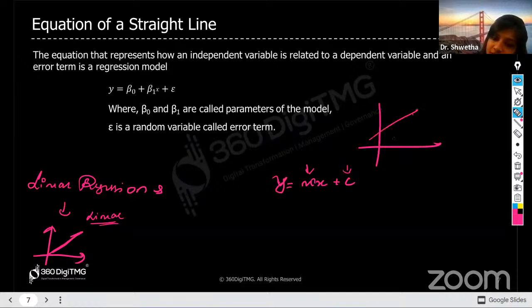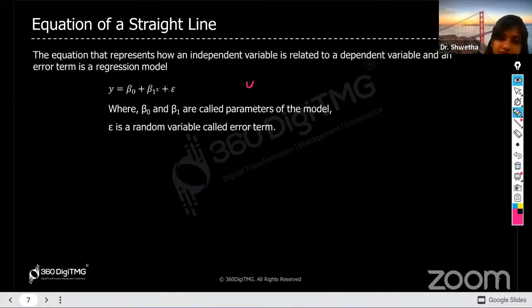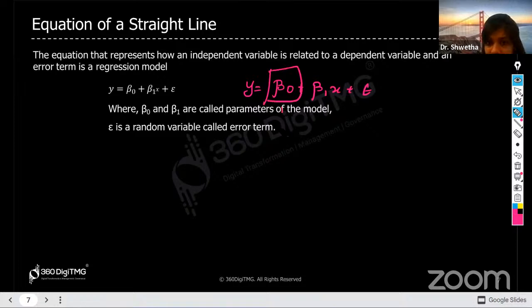So this would be our intercept and this would be our slope. Now the same equation of straight line, we are taking and writing it over here. So this y variable is dependent on beta naught plus beta 1 x plus epsilon. This is the intercept and this is the slope.